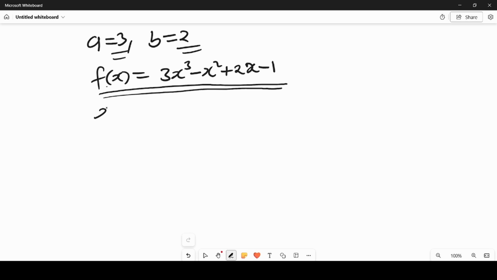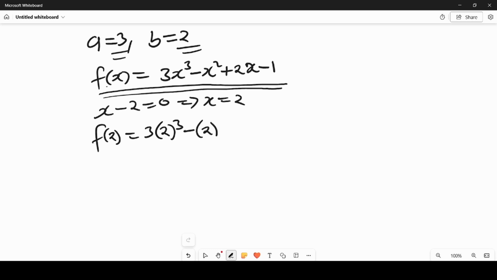So now let's find the remainder when you divide it by x minus 2. So you put this to 0 so that the x value will be 2, and then you find f of 2. We should get 3 times 2 cubed minus 2 squared plus 2 times 2 minus 1.